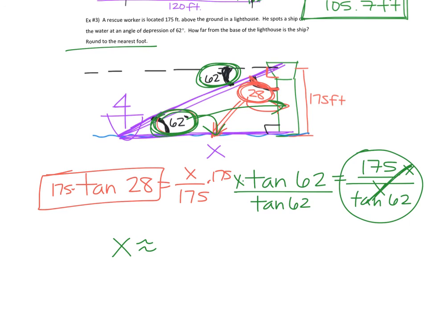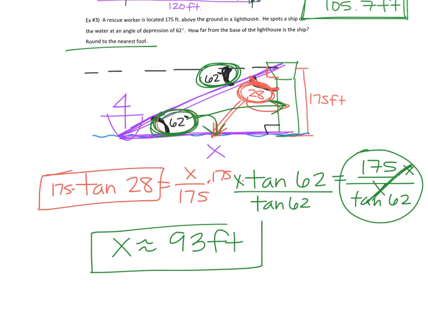I told you what to plug in. It would be 93 feet if you plug either one of those in. Okay. Any questions on that? All right. So a whole lot of SOHCAHTOA again.